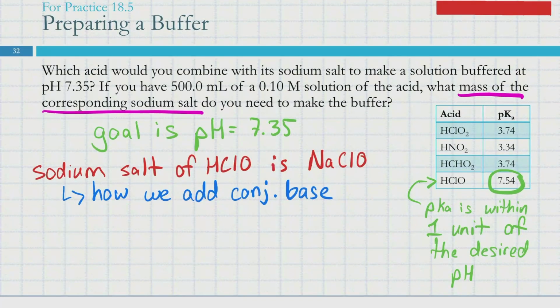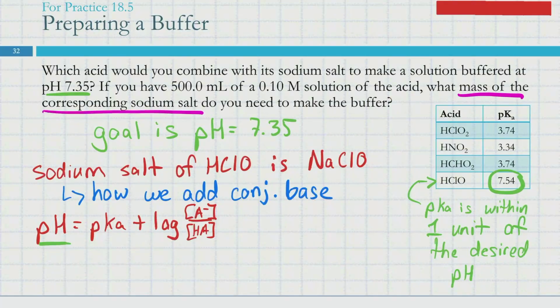But we need to use an equation to figure out what amount should we have in our solution. And we're going to be using our friend Henderson-Hasselbalch. Conveniently, we've got pH of 7.35 that we're trying to target.